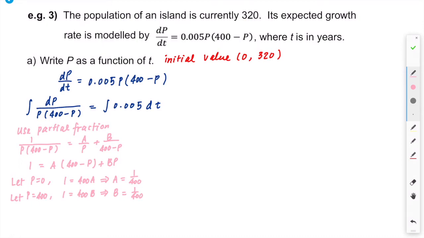So there's a common factor on the left side here, which is nice, because this way we can say that 1 over 400 times the integral of 1 over P plus 1 over 400 minus P dP is on the left side, and the right side is now 0.005 integral dt.